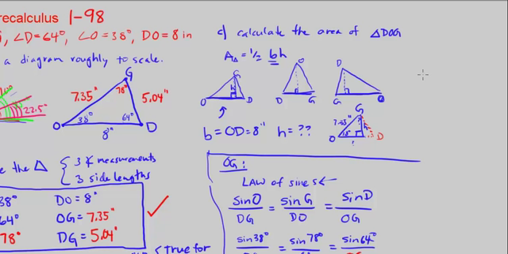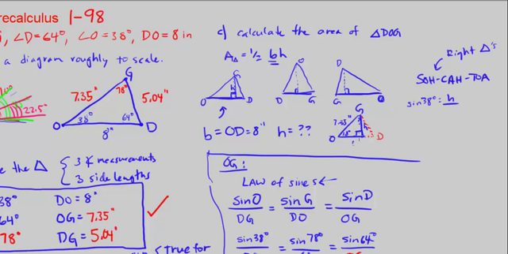We know SOHCAHTOA. Sine of 38 degrees is equal to the opposite side. This is only true for right triangles, so good thing we have a right triangle now. The opposite side is going to be our height.